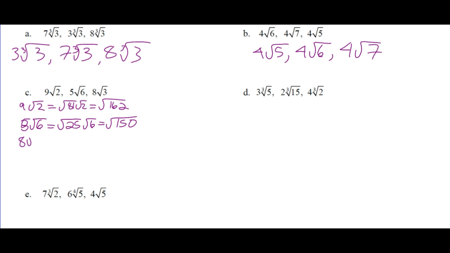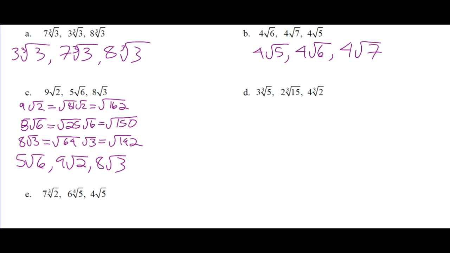And 8 root 3 is root 64 root 3, which is root 192. So if I'm going to put them in order from smallest to largest, it's going to be 5 root 6, followed by 9 root 2, followed by 8 root 3.